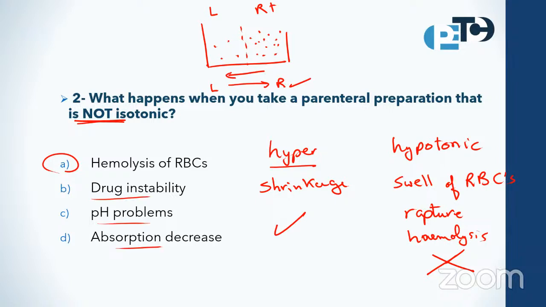So I put the action that happens when a hypertonic solution is injected and when a hypotonic solution is injected, and see which is compatible with the right answer. This is why I choose this one. Okay, is it clear?